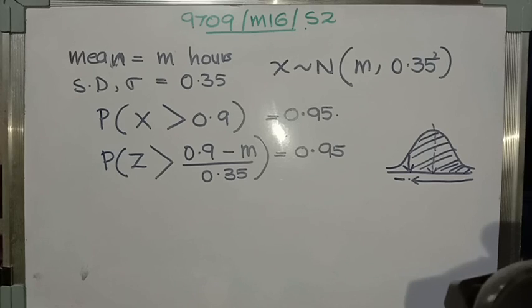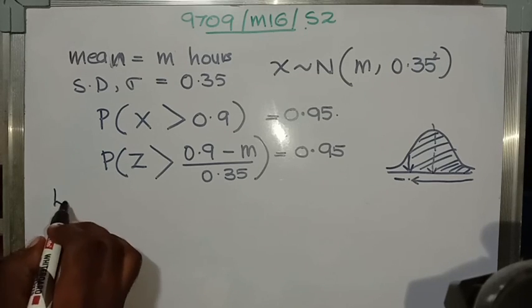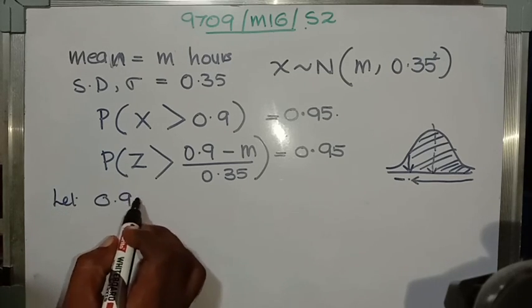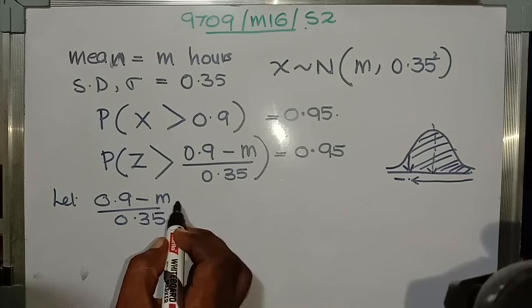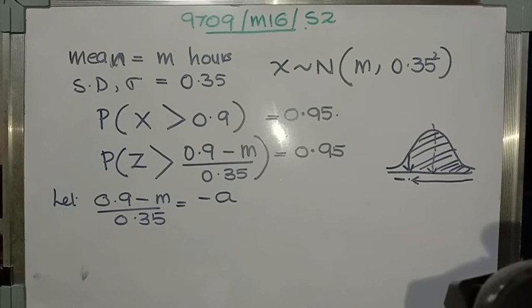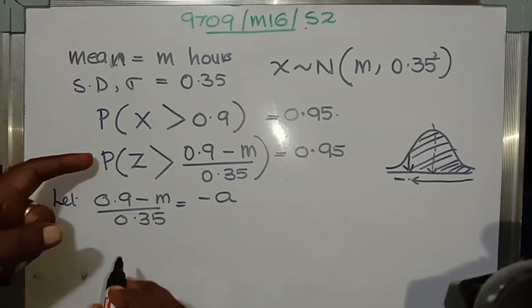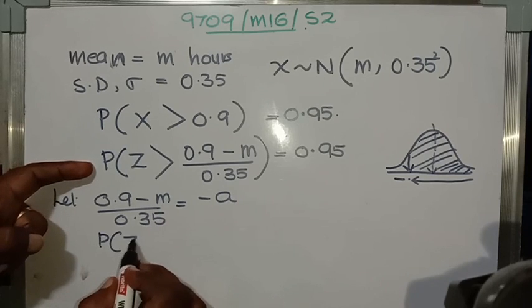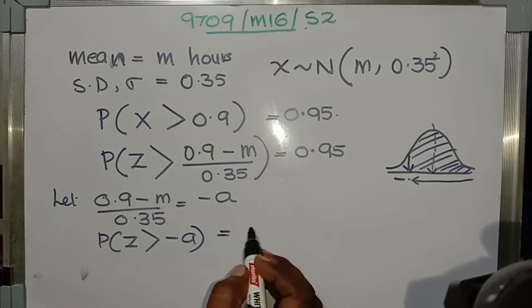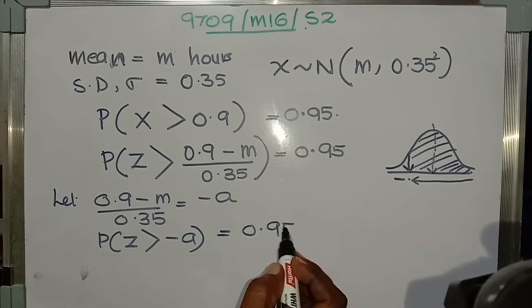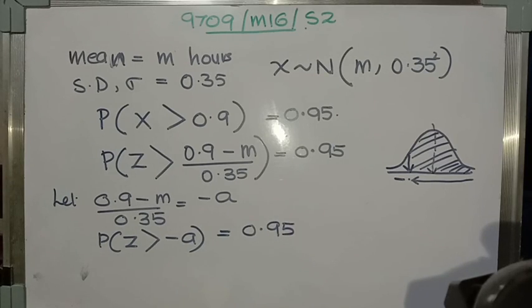So in such cases, we assume (0.9 minus m) by 0.35 as a negative answer. Let it be minus a. So this becomes P of z greater than minus a is equal to 0.95, and as we know, probability of z greater than minus a is equal to phi of a.